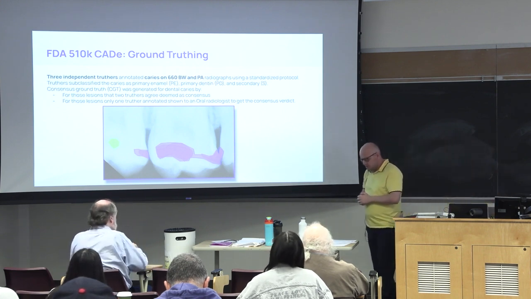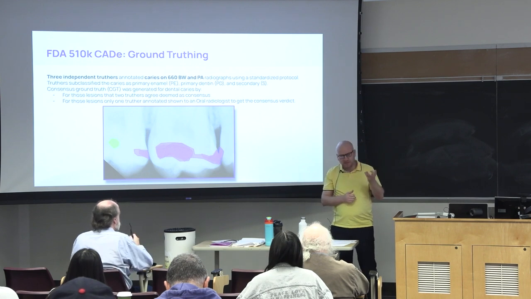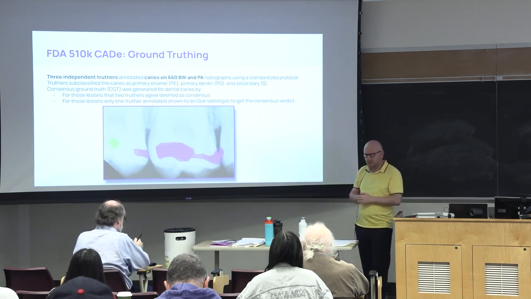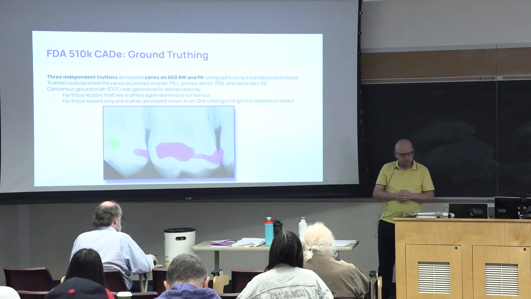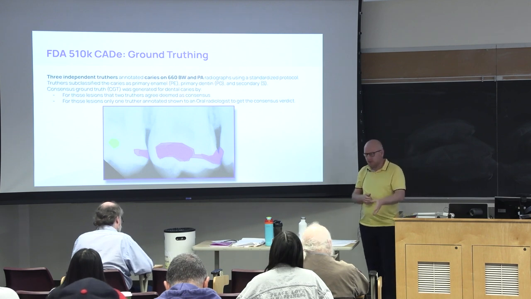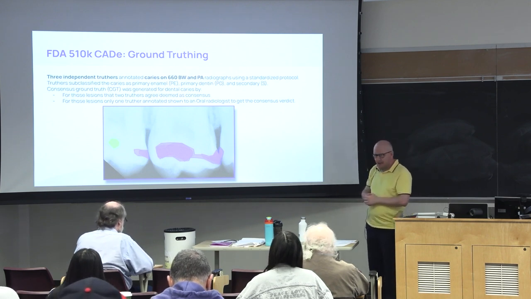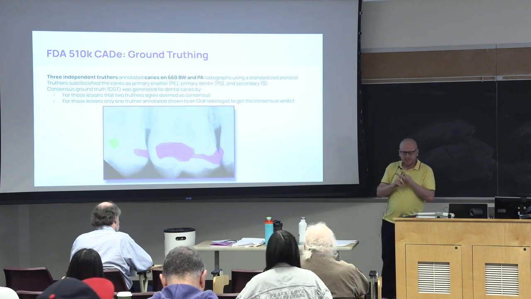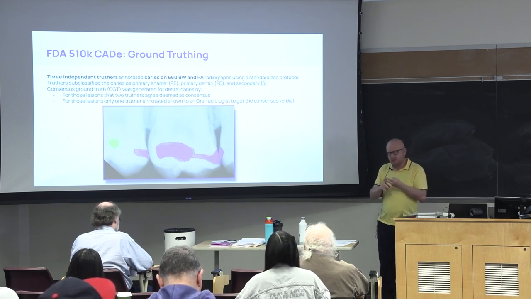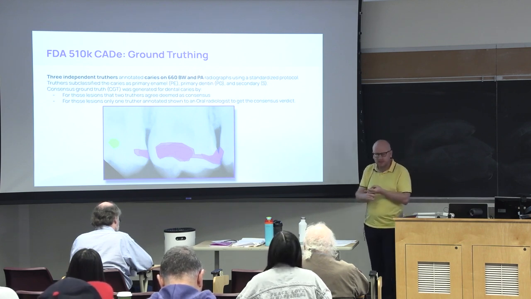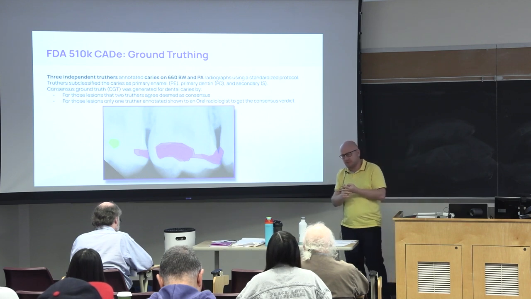That is, you show the same X-ray to 3 different clinicians or oral radiologists. They put their diagnosis on a labeling platform. For any lesion, if 3 agree, it's the same. If 2 out of 3 agree, that's a consensus lesion.